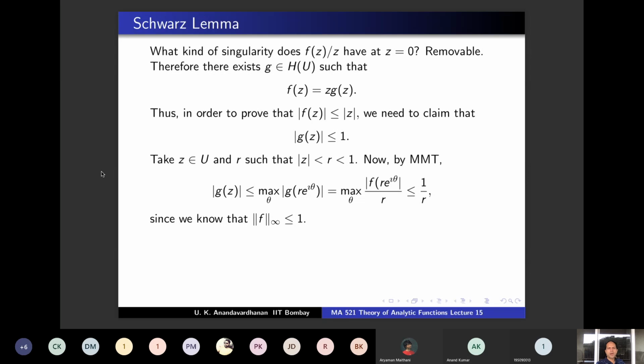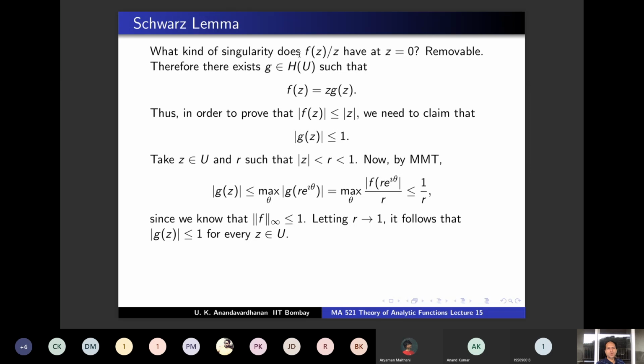So by letting r go to 1, you can take r bigger and bigger, and for all that, this is true. So by letting r tend to 1, you would have shown that mod g(z) is less than or equal to 1 for every z in U. This is what we have to show.